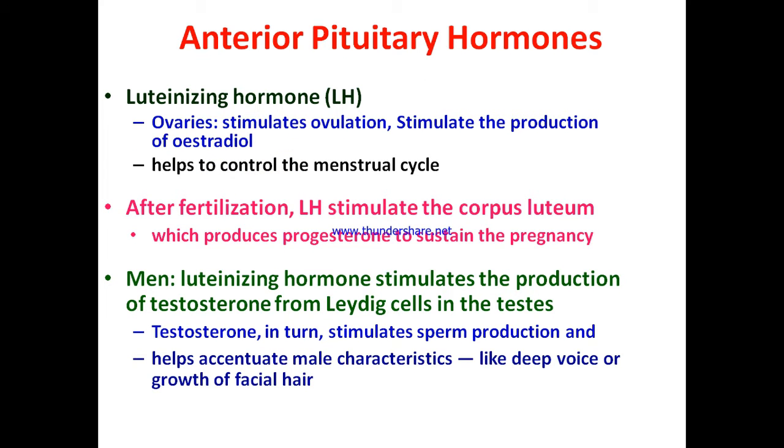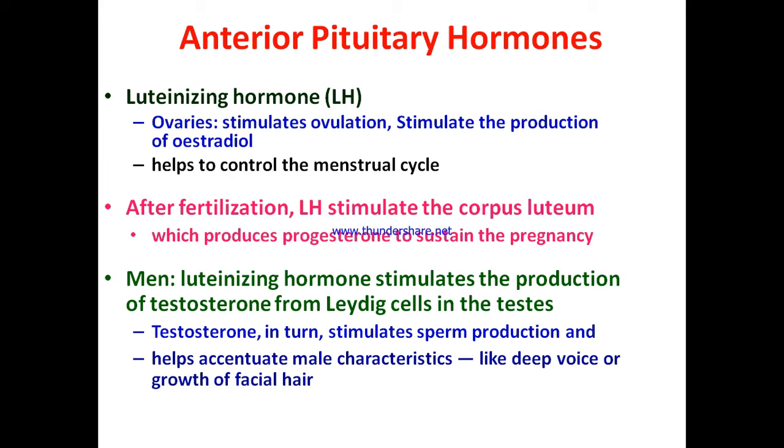Luteinizing hormone also has an effect in both men and women. In ovaries, it stimulates ovulation and the production of estradiol and helps to control the menstrual cycle. After fertilization, LH stimulates the corpus luteum, which produces progesterone to sustain the pregnancy.